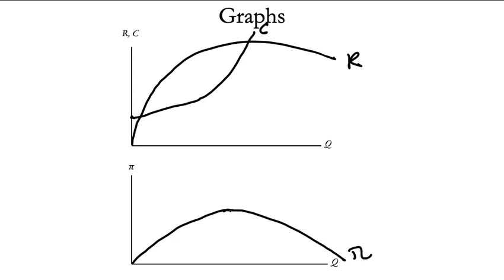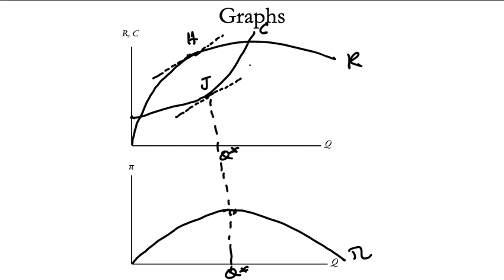Now, if you look at the maximum point here in my drawing, I have point H here, and point J here, and then we have the maximum point here, and we call it Q star.